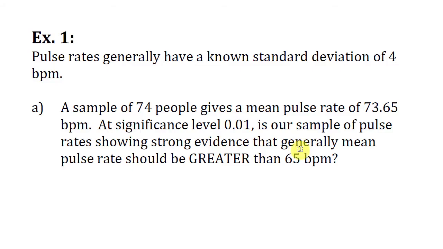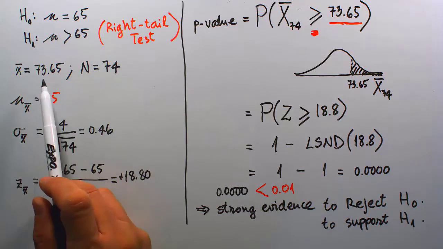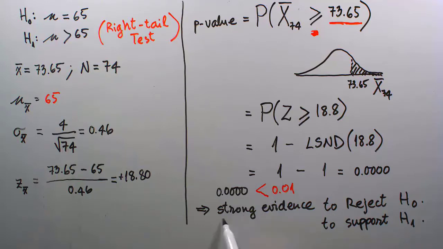And so ultimately, looking at the question itself, the question is truly a yes or no question in the way it's written. Is our sample of pose rate showing strong evidence? The question is looking for being strong evidence, and it is a yes or no question. And now we have just decided that our sample that we're currently having is strong evidence.